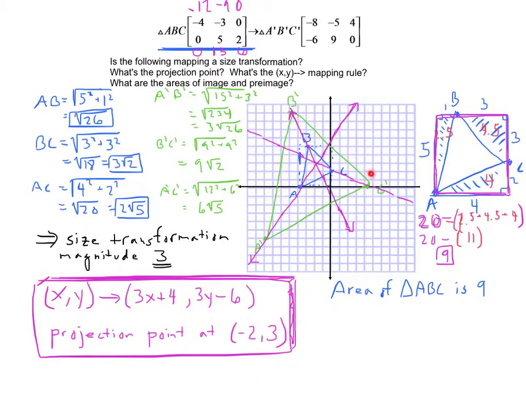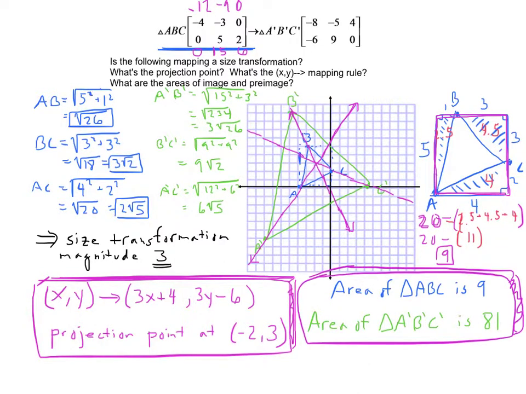And there we go. It's worth noting here that this is 81 not because you just square the area of the pre-image to always get the area of the image, but we had a size transformation of magnitude 3, and 3 squared is 9, and then this 9 times that 9 gets us to the 81. That just kind of came out to be that way.